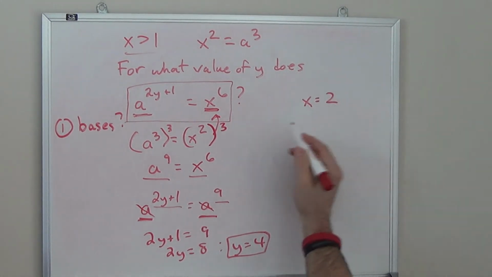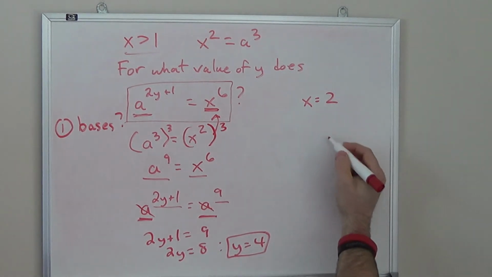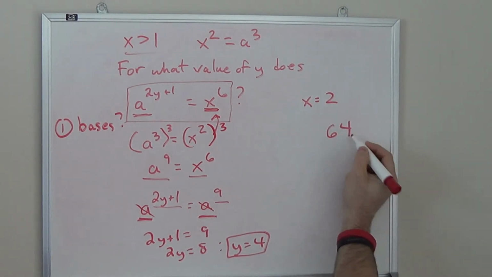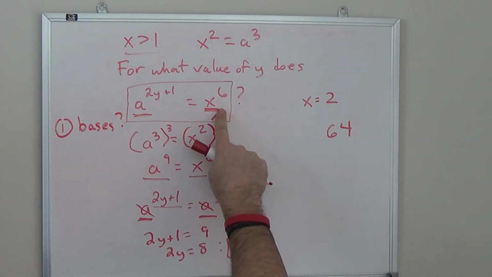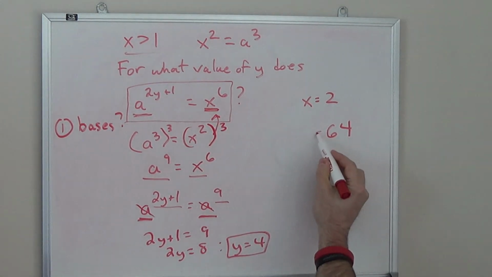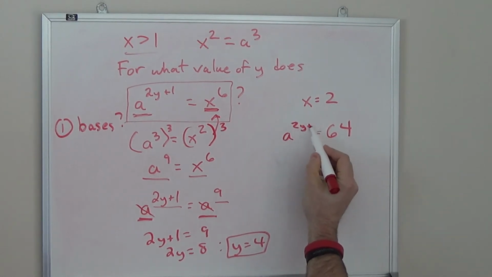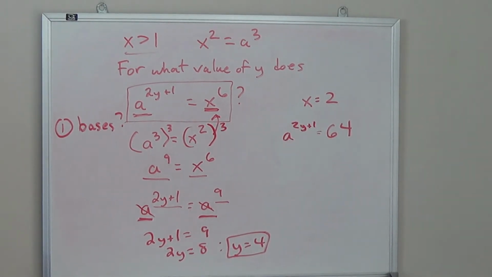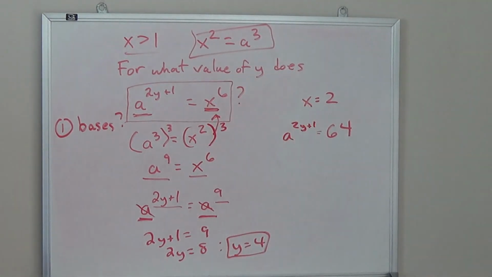So if x is 2, now I'm going to pop a 2 in there. So I have 2 to the 6th, which is 64. So the 64 represents this here. 64 equals a to the 2y plus 1. But you can see what the problem is here. We always have to consider that relationship.